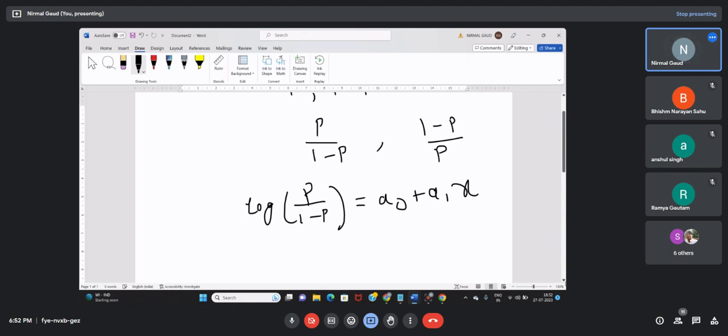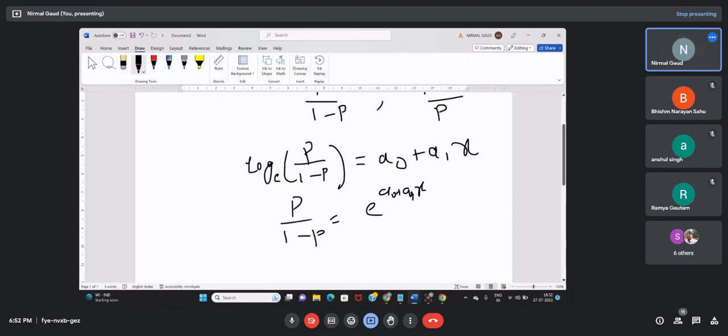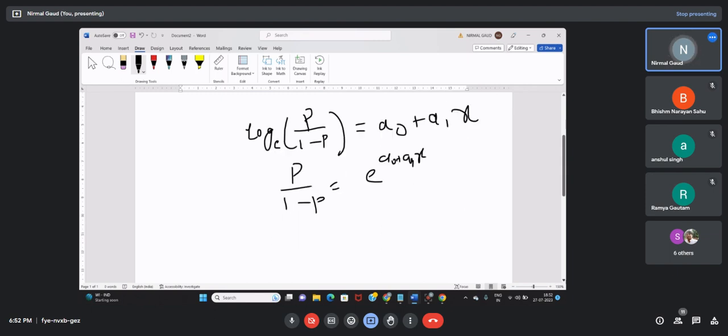Okay, so if this is log to the base e, and I just change the formula, that means p upon 1 minus p is equal to e to the power a0 plus a1x, right? According to the property of log. So I just brought this thing into power. I need to solve this for p.